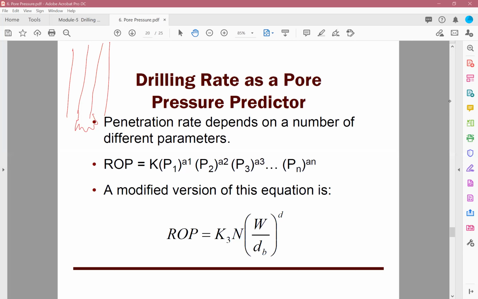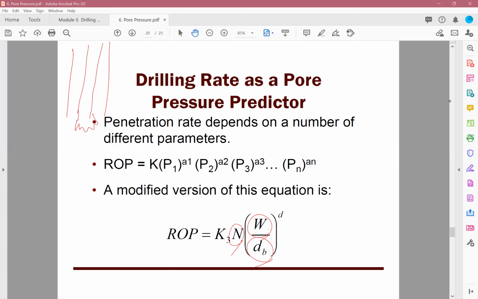When you drill, you also rotate your system, so you rotate your drill bit. A combination of weight on bit and speed of rotation of your drill bit are the main factors that play an important role in how fast you drill. So weight on bit, size of your bit, and the speed of rotation are the three main factors.